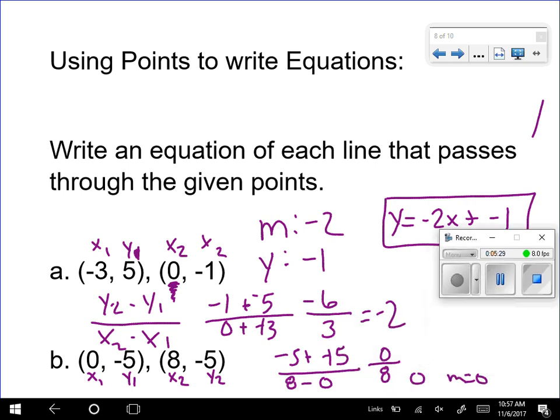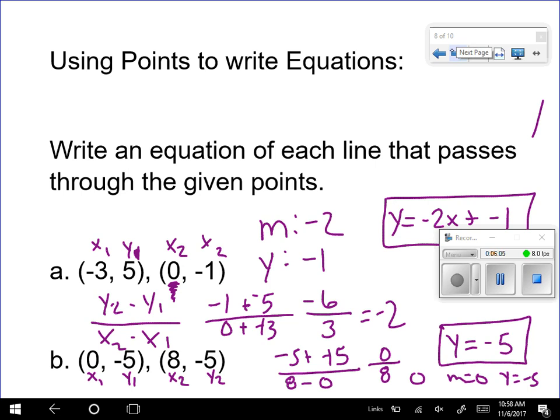And it hits the y-axis at negative 5 because of the point 0, negative 5. So again, 0 times x is 0, so y equals negative 5. So this would be our equation for that line. Whenever you're given 2 points, one of them will tell you what the y-intercept is. The other one, you will have to figure out the slope using y2 minus y1 over x2 minus x1. So you'll have a few of those.